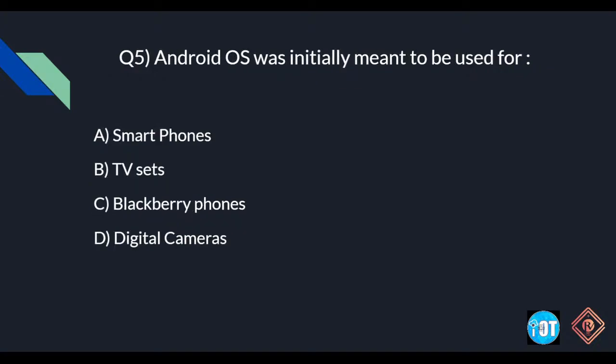The fifth question for you guys. Android OS was initially meant to be used for what? This was a question I got asked in one of my interviews, and I didn't know it at that time. So it might help you guys. Even if you don't know the answer, just try to Google it after the session, because this might help you if you want to get a job in Android specifically.